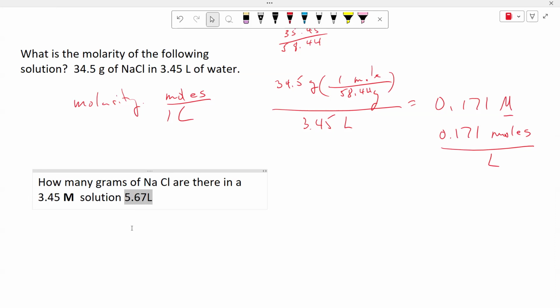Now this is a two-step process. Okay. So knowing again moles per liter.